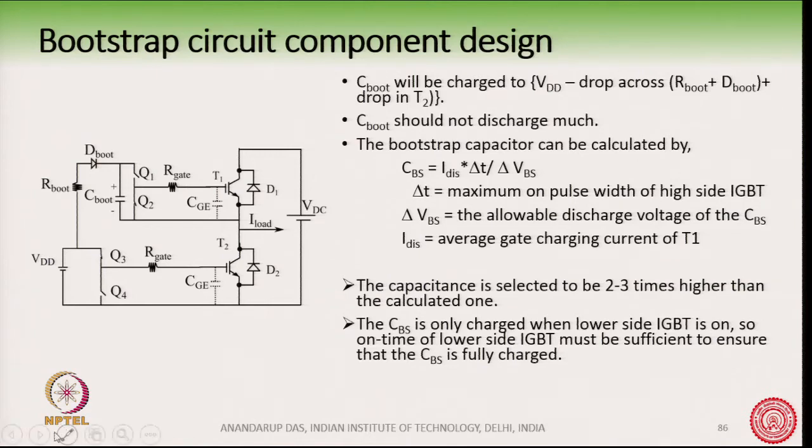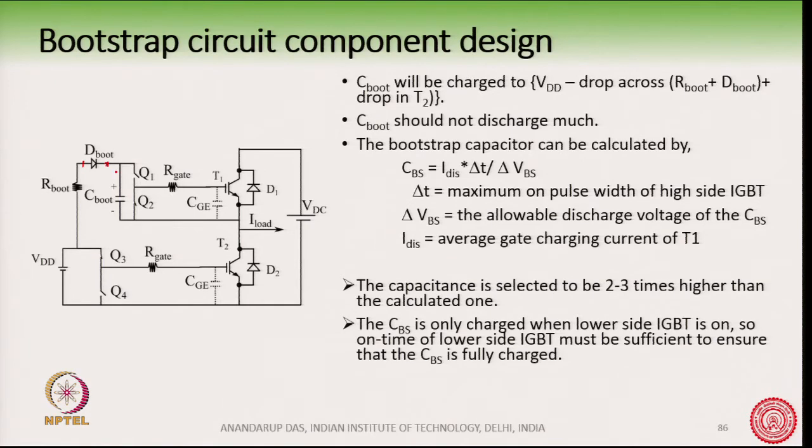You can see here, for example, this is the path where D boot is operating. So, this is VDC minus this drop plus C boot. This voltage comes across this terminal, whereas VDC minus VDD comes on this terminal, the anode and the cathode.